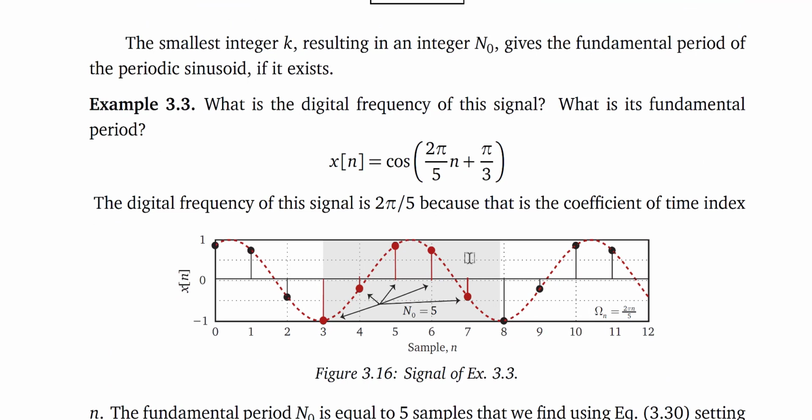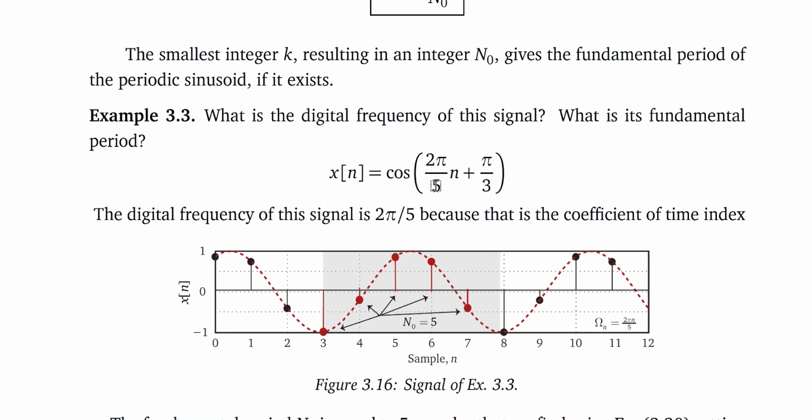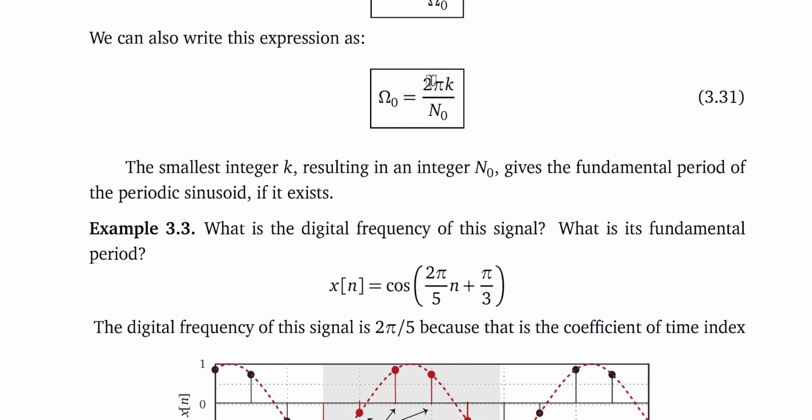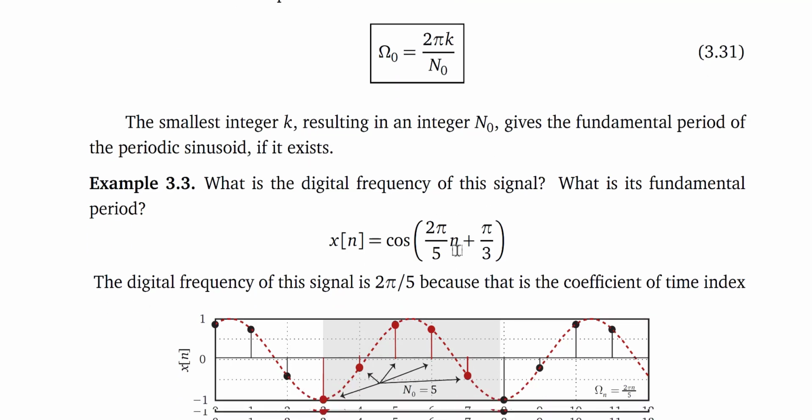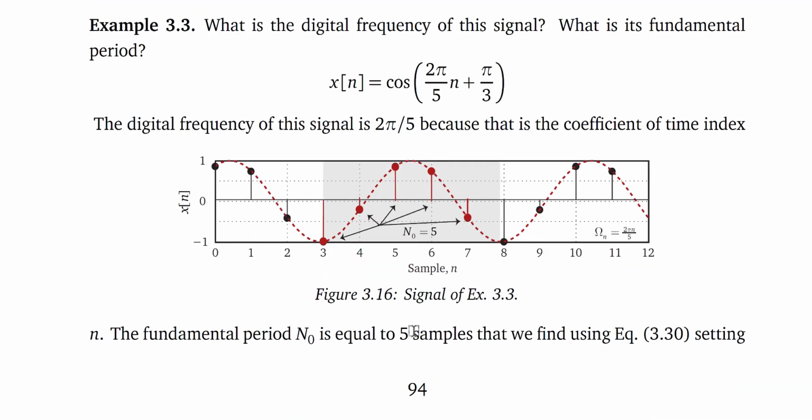Now for the fundamental period, you also see that this term is equal to 2 pi k over n0. And the smallest k we can use is 1. That means n0 is 5. That means that we have 5 samples before the signal repeats, and that is indeed the case here.